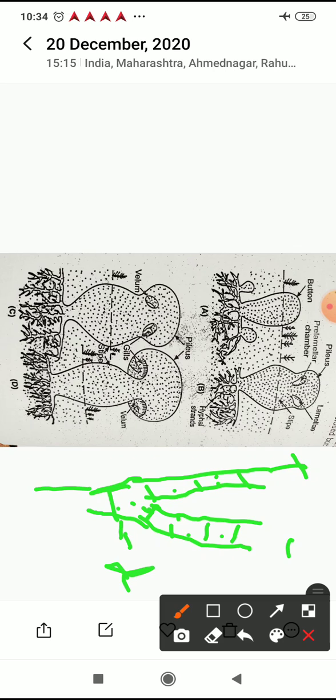And further, it divides and redivides mitotically, and this dikaryotic nature is maintained from here onward. So call it the primary mycelium here, and from here onward call it the secondary mycelium.